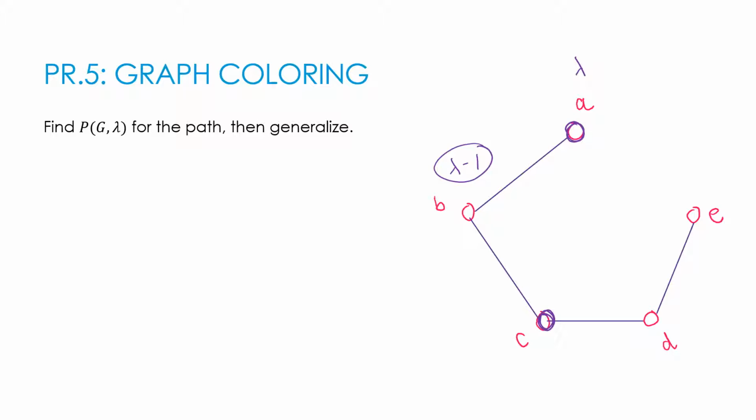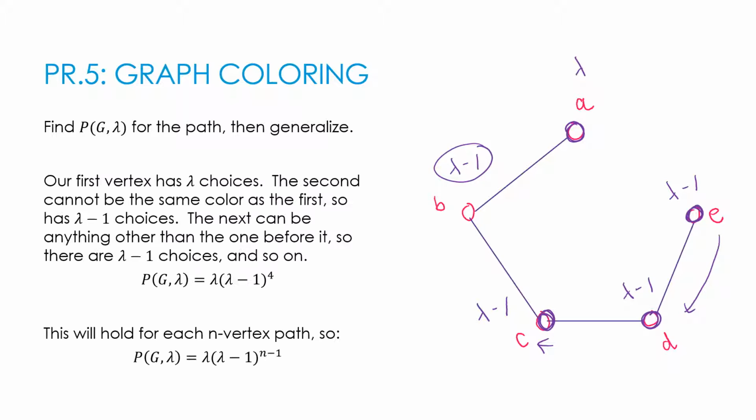Whoops, my lambdas are getting worse and worse. This guy can be any color except for whatever color we chose for C, so again, lambda minus 1. And this guy can be any color except for what I chose for D. That gives me lambda minus 1 number of colors.